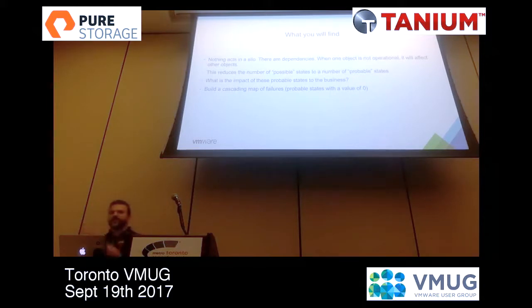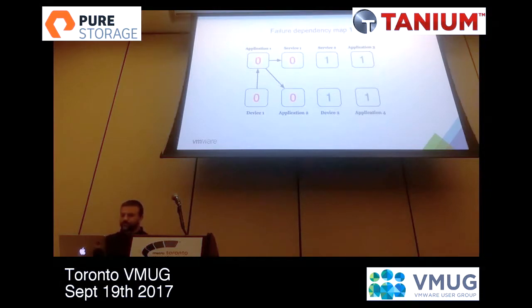So by understanding the dependencies between the different objects in your infrastructure, you can build out a cascading map of failures to see what affects what and how many failures you can actually tolerate. So this is an example of a failure dependency map. So let's say that we have device 1 over here. Device 1 fails, and that affects application 1, which is associated with service 1 and application 2.